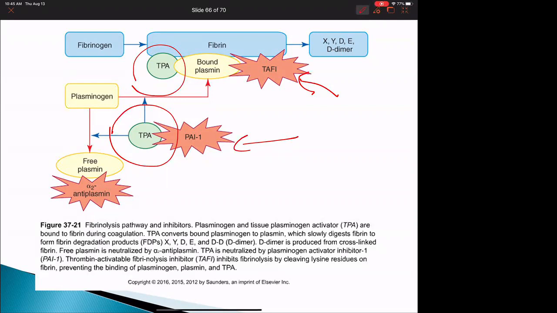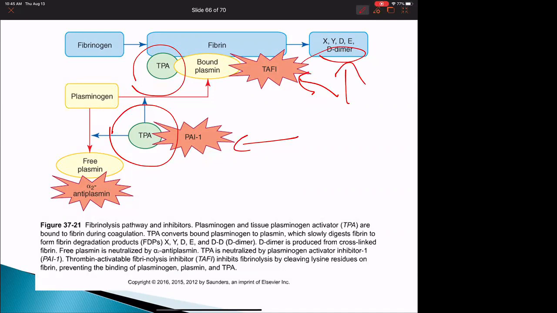D-dimers are D fragments linked together by covalent bonds. D-dimers are produced from cross-linked fibrin. Okay, so that's what I want you to keep in mind. D-dimers right over here come from cross-linked fibrin.